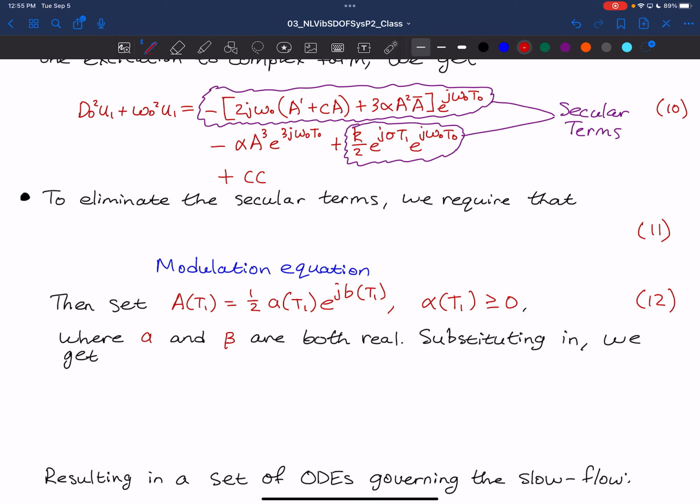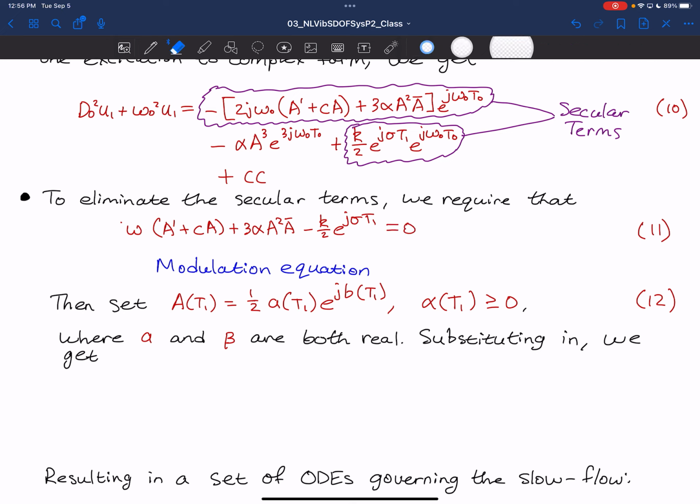So from here, we're going to collect those two secular terms, combine them into one equation, and then set them to 0 to eliminate them, which then tells us that 2j omega 0 times the quantity A prime plus cA, plus 3 alpha A squared A bar, minus k over 2 times e to the j sigma T1, this whole thing must be equal to 0.